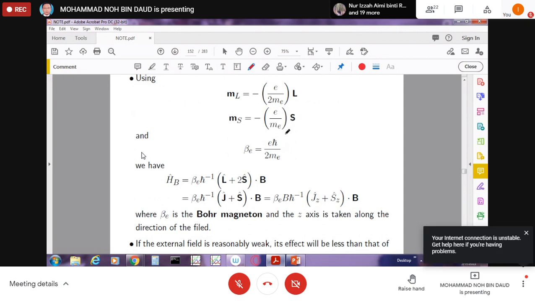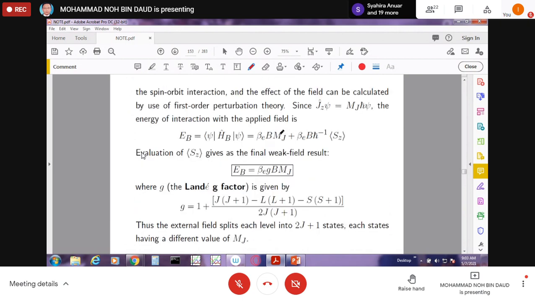From here, we also can consider the first order perturbation theory, these crude approximations, to find the energy of interaction with applied magnetic field. In fact, we can use higher order to get more accurate results in our calculations. Here we use these crude approximations to find this interaction energy with external magnetic field.